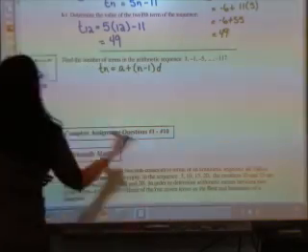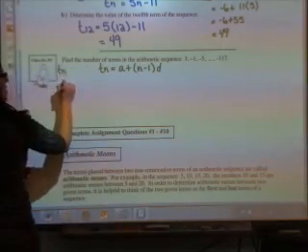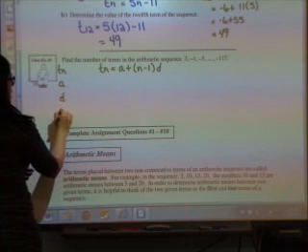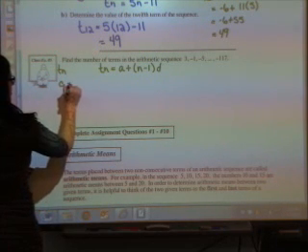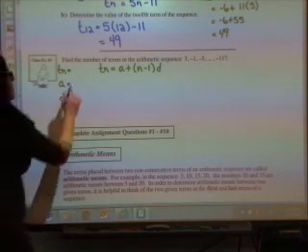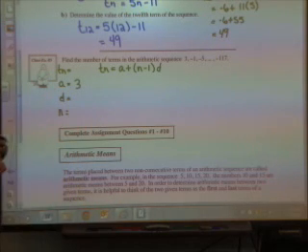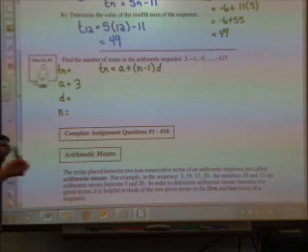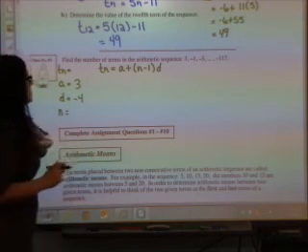So then I'd want to list all of my variables and try to fill in what I know. So what do I know? A is 3. Okay. D is negative 4.